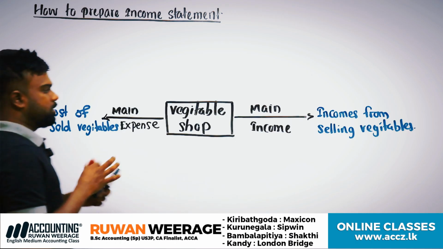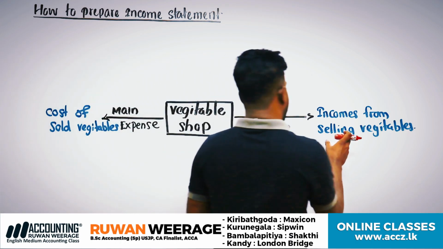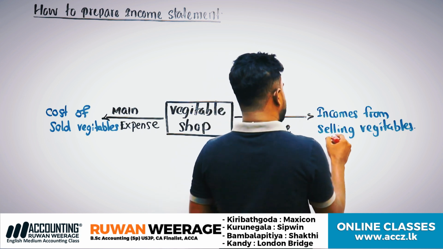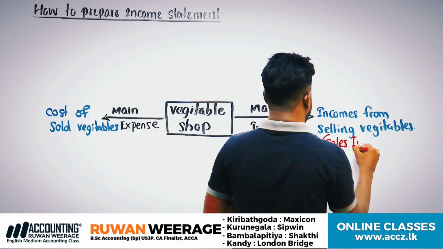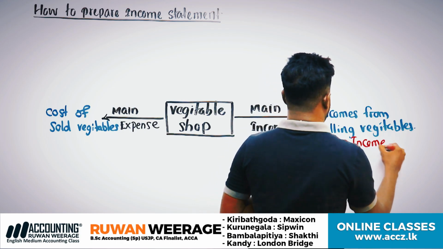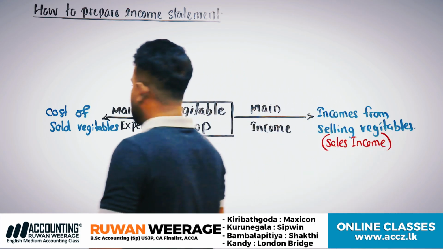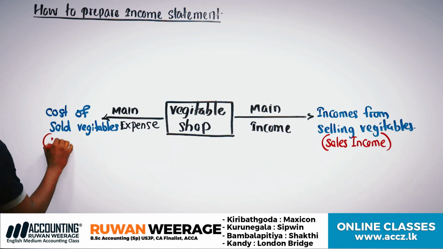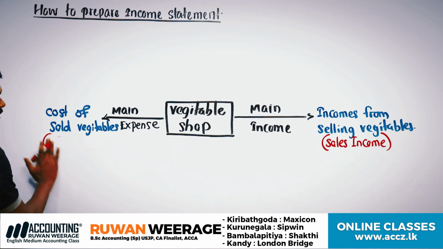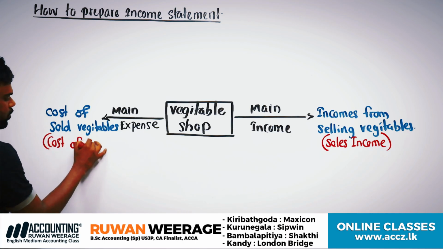So the main income we identify as sales income. Understand the main cost, the cost we identify as the main expense. So we call it cost of sales.